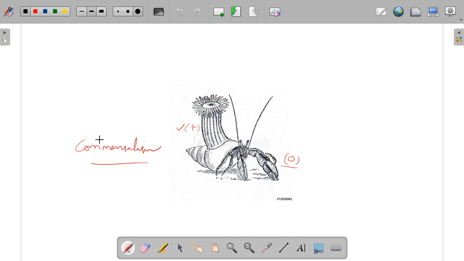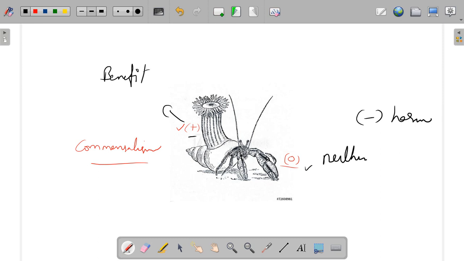So this kind of association is called commensalism. That's why I represent it with the plus and zero sign. Minus represents harm, plus represents benefit, zero represents neither harm nor benefit.